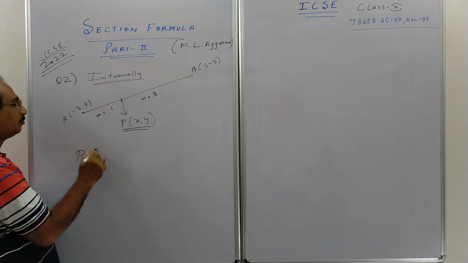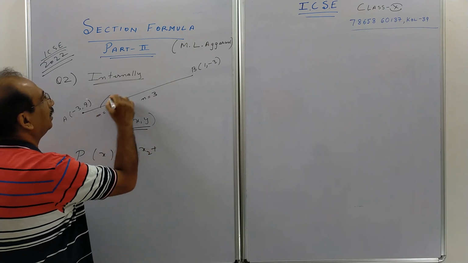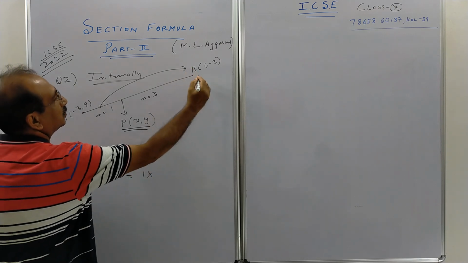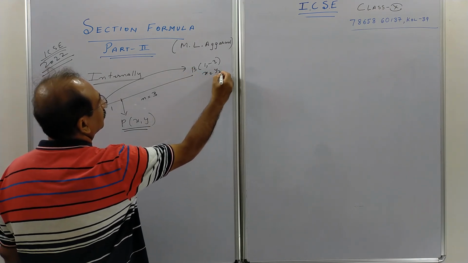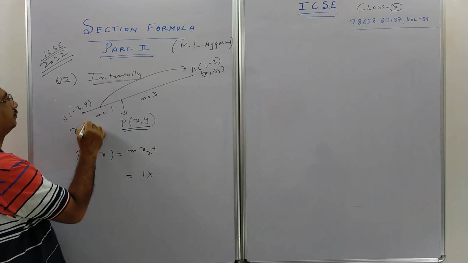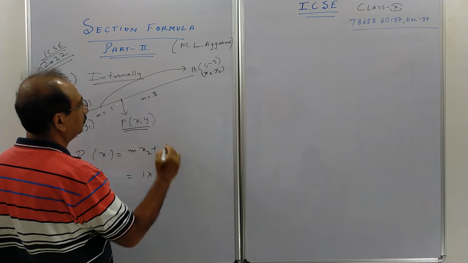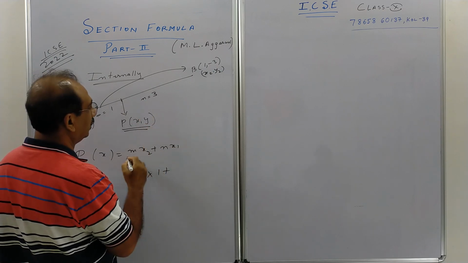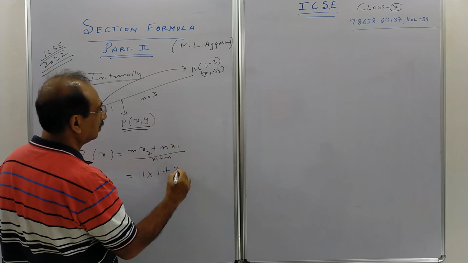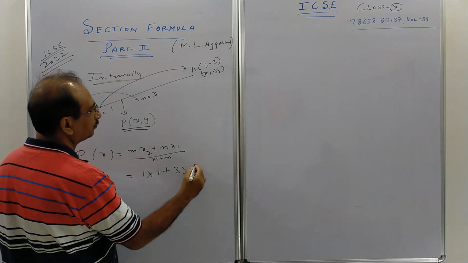So let's do fast. Px is (m x2 plus n x1) by (m plus n). m is 1, n is 3, x1 is minus 3.